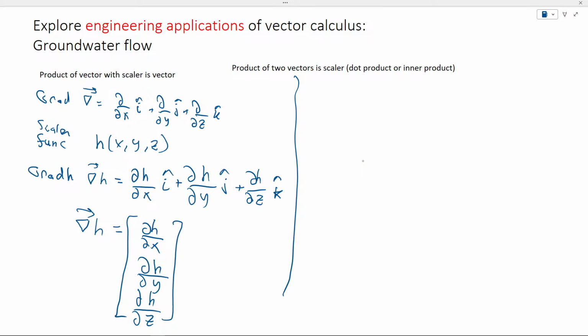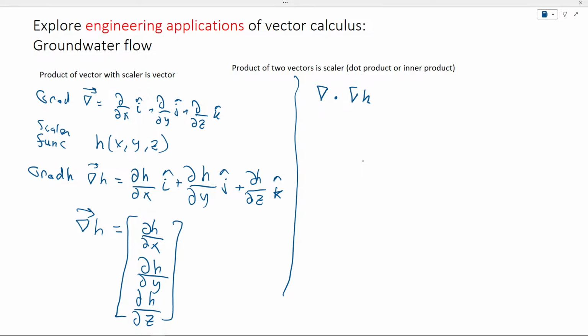Now the product of two vectors is a scalar. So now I have this guy here, the gradient of h. What is the divergence of the gradient of h?